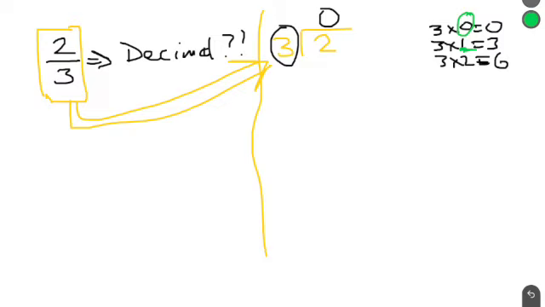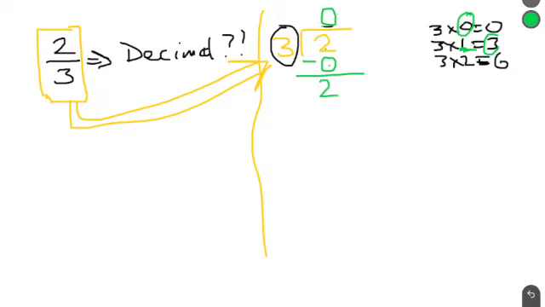If we choose 1, then 3 times 1 is 3, and we can't subtract 3 from 2. So we have to use a 0 here. 3 times 0 is 0. When we subtract, 2 minus 0 is 2.